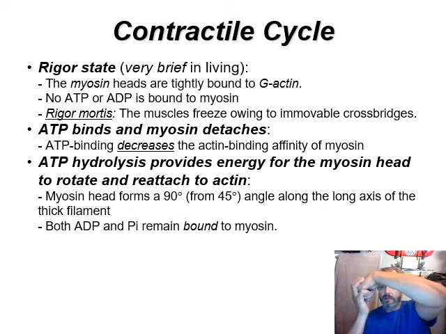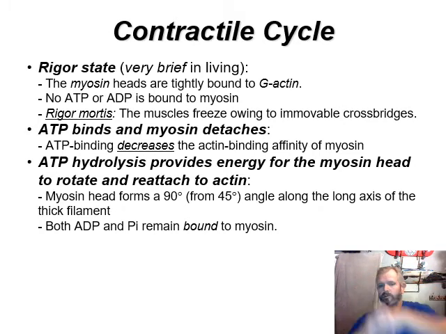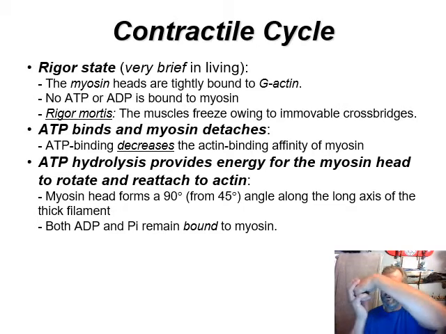In a living cell, this rigor state is very brief because we have ATP available, and ATP is going to allow us to release from the actin. Okay, myosin will then bind again, and we'll see a power stroke. So we'll see in the next slides how this using of the ATP allows for the power stroke of the myosin head.